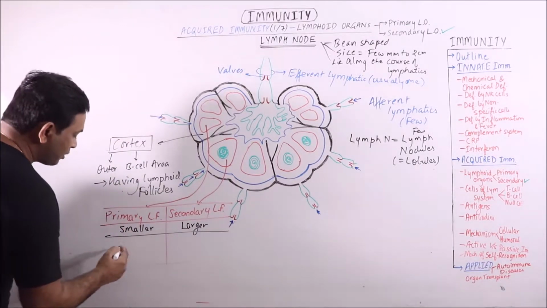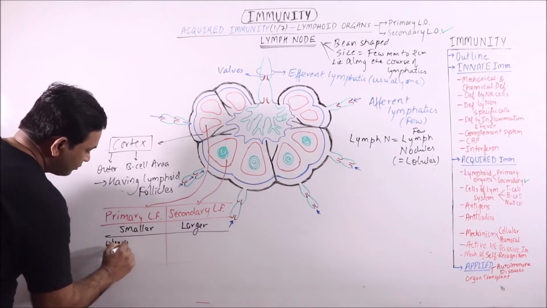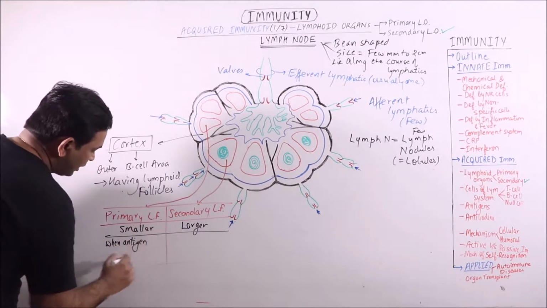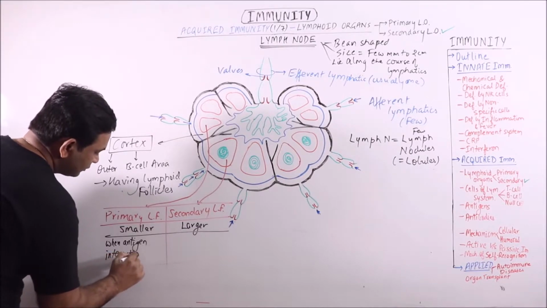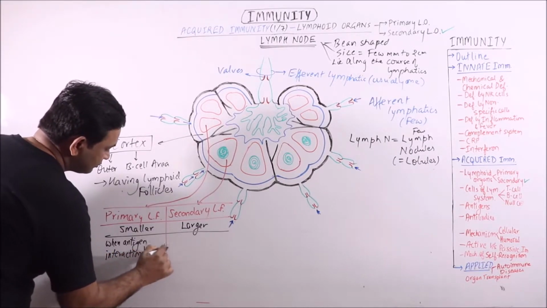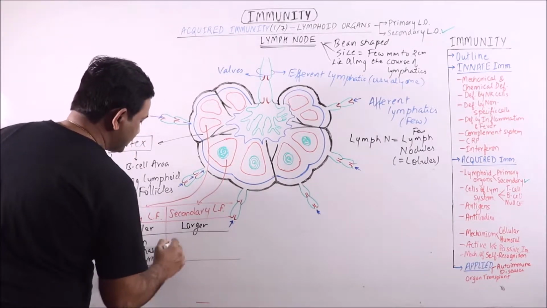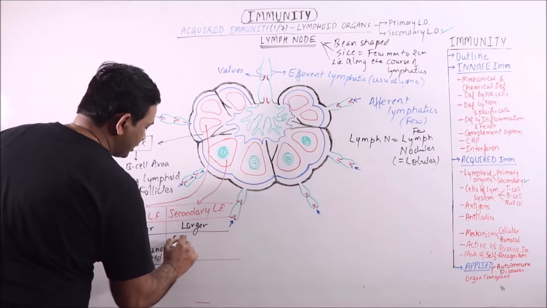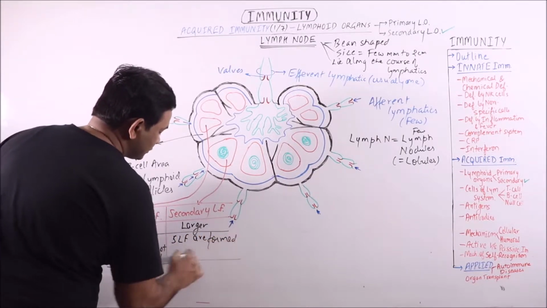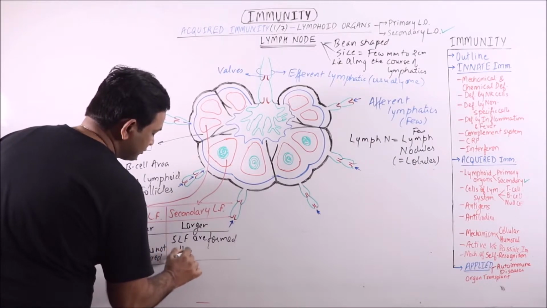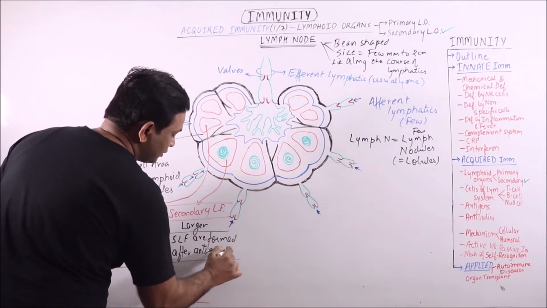Primary follicles are there when antigen interaction has not occurred, while the secondary lymphoid follicles are formed after antigenic interaction.